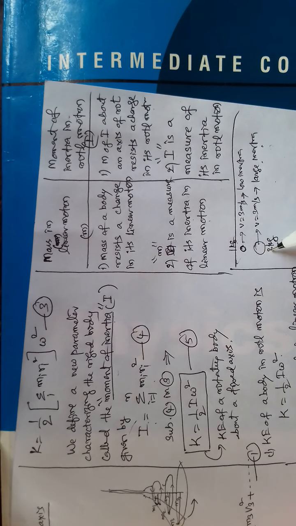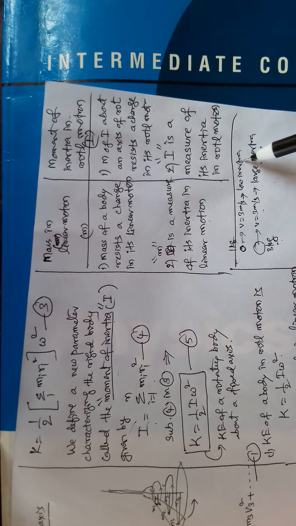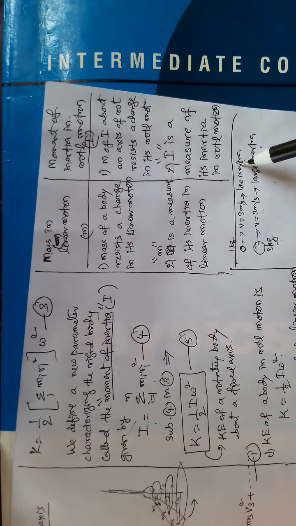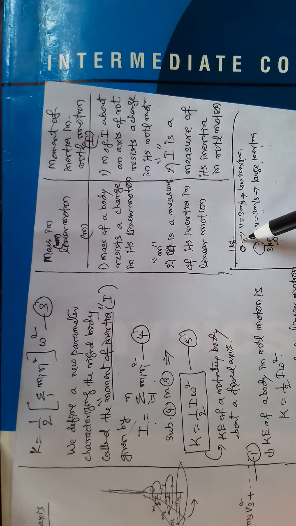Here both have started with the same velocity, so they are in motion. So here inertia is a property that they are unwilling to come to rest. But here its mass is less, so its inertia will be less. So even though it is unwilling to come to rest, after traveling a certain distance it will come to rest.